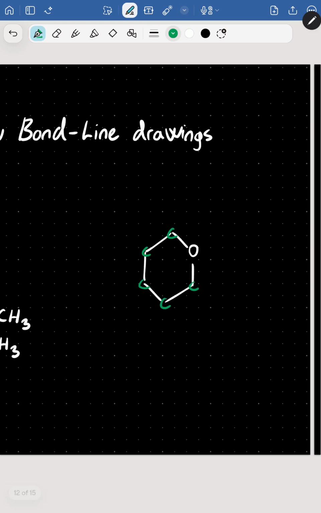And on the 5, we draw a methyl group. Dimethyl groups. You can either draw it like this, or you can draw it like this.